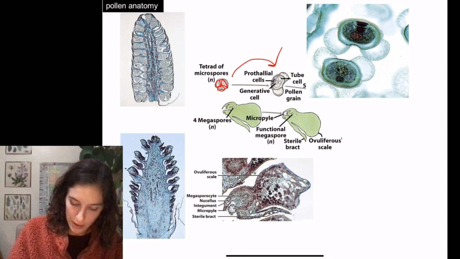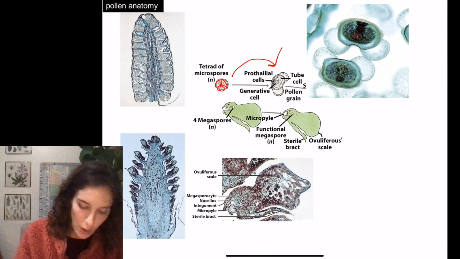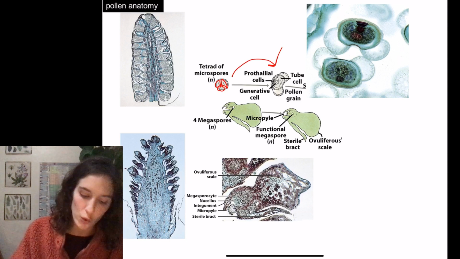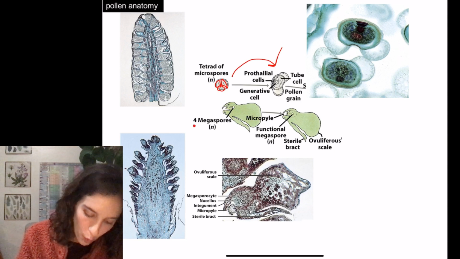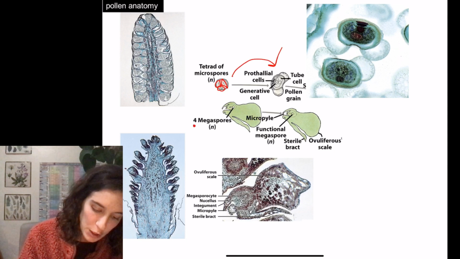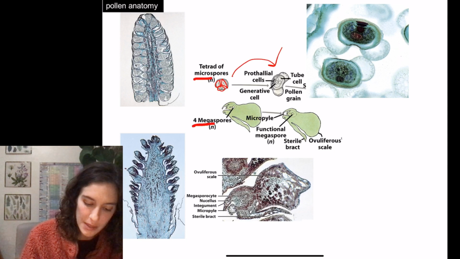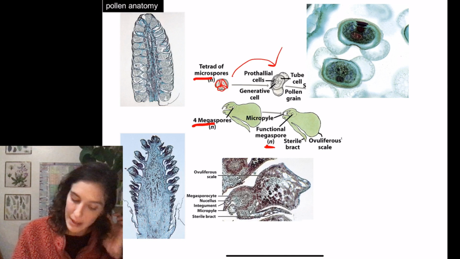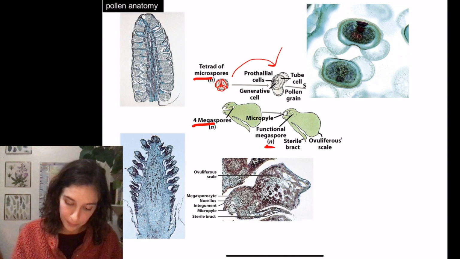We're going to get to this lower part here in a minute. Actually, no, I'll say this right now. Similarly, on the female side of the story, we have again 4 spores, 4 megaspores this time instead of microspores, but only one of them survives, so we only have one functional megaspore, unlike in the pollen grains.